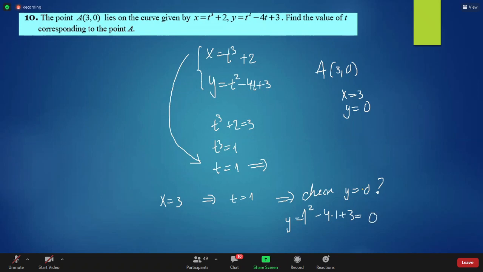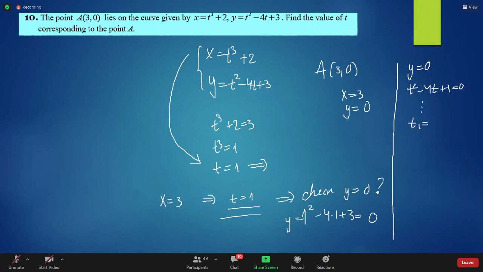Of course, we could do it the other way around. We could say, okay, what if y must be 0? Then t squared minus 4t plus 3 is 0. Solve this, we have t1 is 1 and t2 is 3. We check 1 in the first equation. If t is 1, then 1 cubed plus 2 is 3.